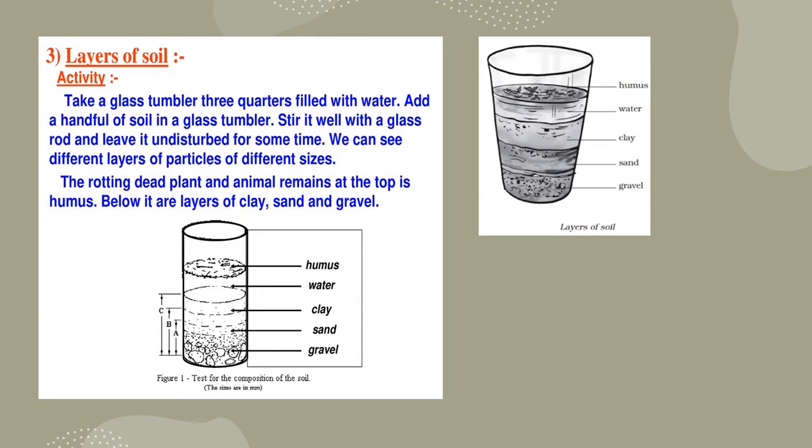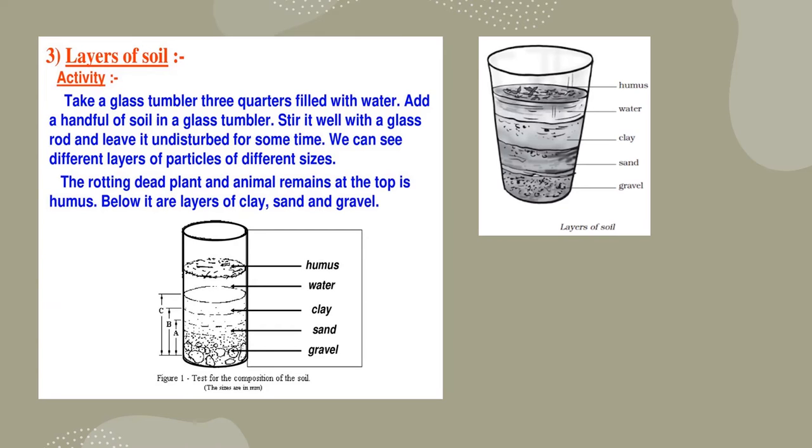So the rotting dead plants and animal remains at the top is called humus. Below it are layers of clay, sand and gravel. Now that is what they have given: bottommost gravel, then sand, clay, water, humus.